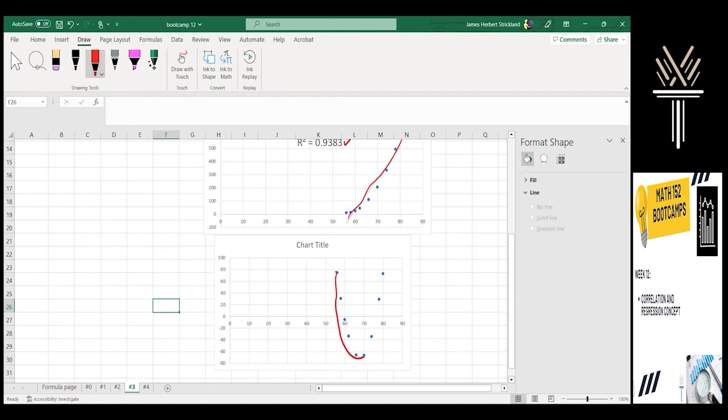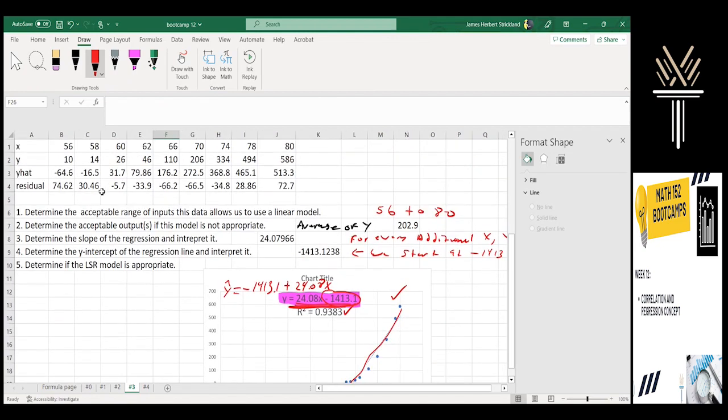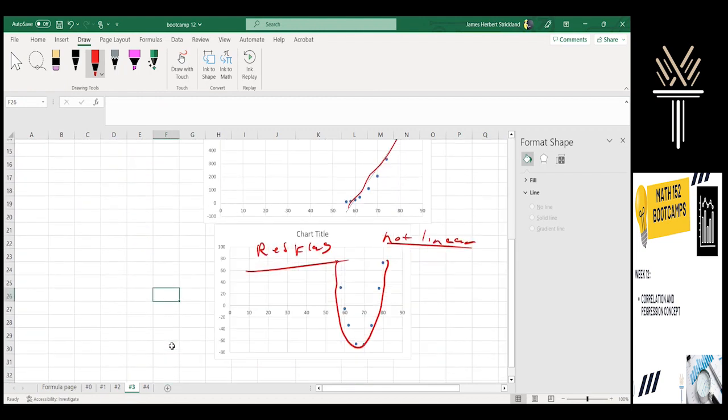This is a big old U. So this is a big red flag that there's something going on, that our data is probably not linear, because it makes this U-shaped pattern. And so is the model appropriate? No, because it failed the residual check. We do not want to see patterns in our residuals.